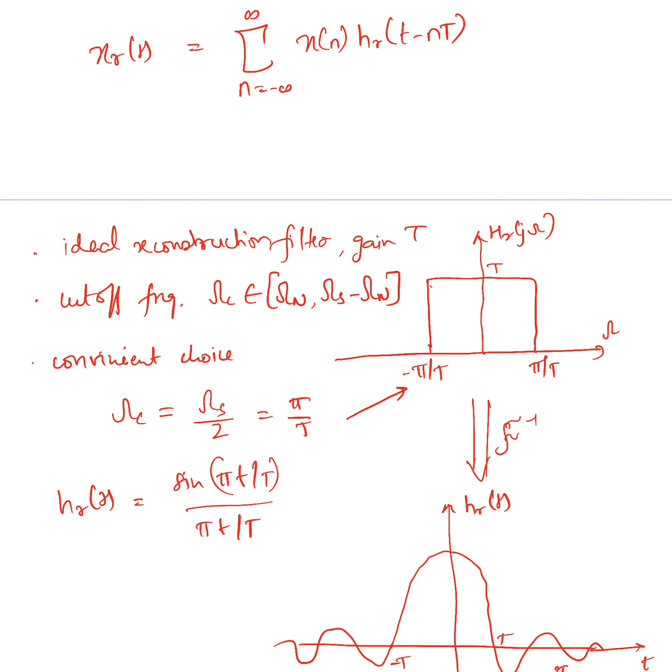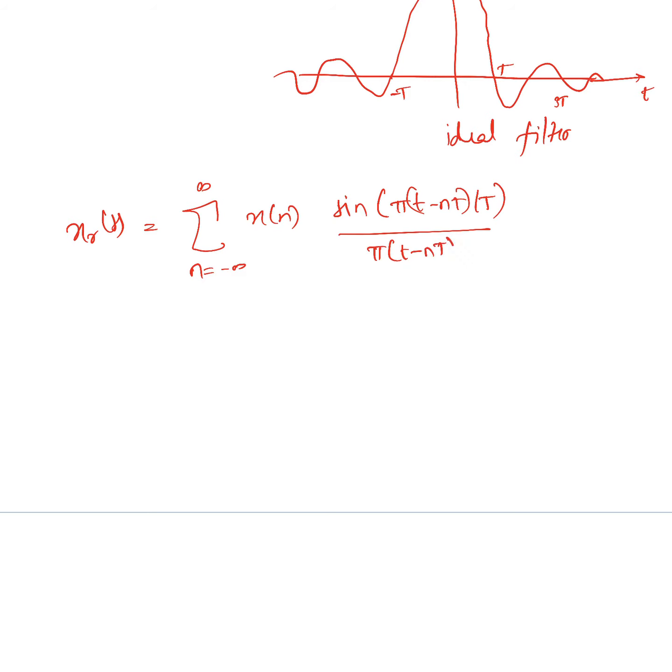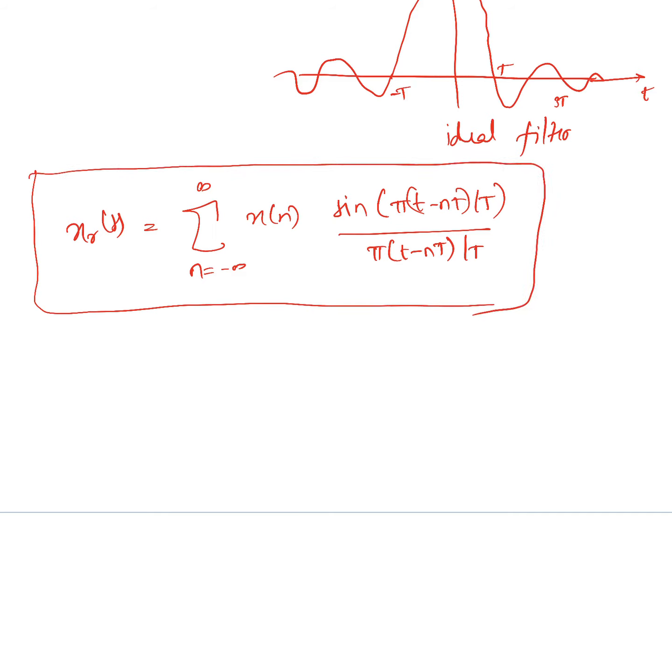So substituting this HR of t here, we can represent your XR of t as the summation from n equals minus infinity to infinity of x[n] sin(pi (t minus nT) by T) divided by pi (t minus nT) by T. Okay, so this is the main equation for reconstructing the original signal xc.